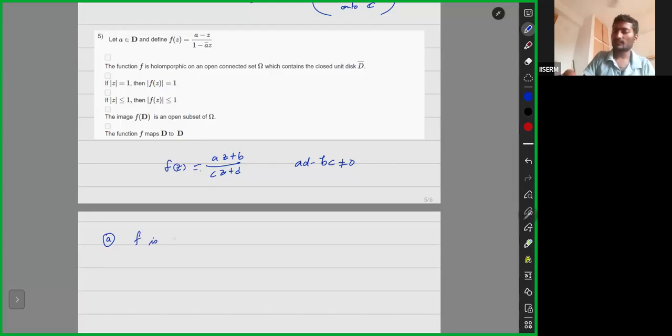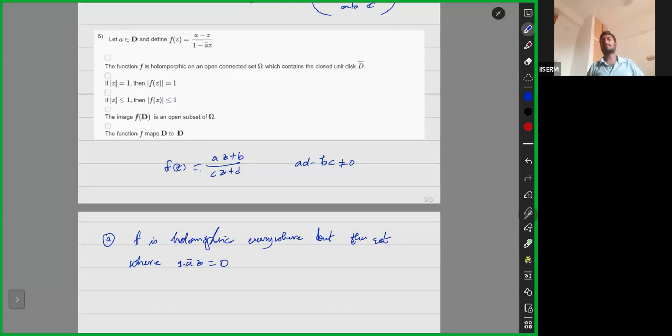F is holomorphic everywhere, but the set where 1 minus a bar z is 0. This implies z is equal to 1 upon a bar.